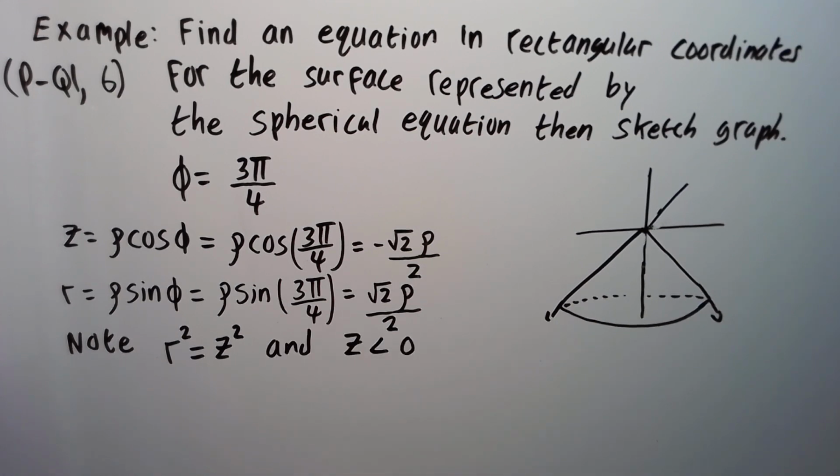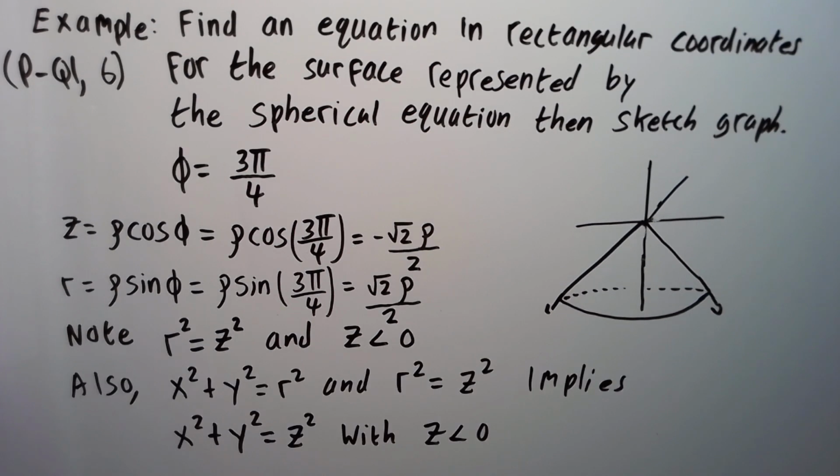So we also know that r squared is equal to x squared plus y squared. So we have x squared plus y squared equals r squared, but we've just shown that r squared equals z squared, therefore x squared plus y squared equals z squared, and also z is less than 0. So this would be our equation in rectangular coordinates right here. So there's our answer here.